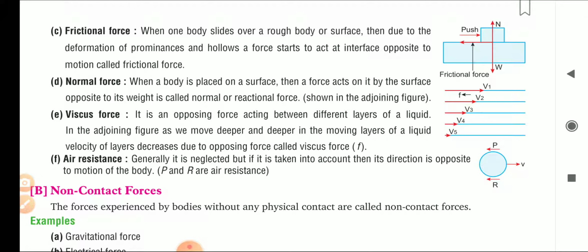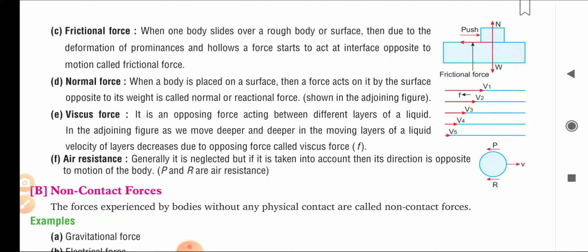If our cycle or bike is not properly greased or serviced, it will create a lot of problems because there is friction between the ball bearings and the axle. If we increase the friction a lot, it is dangerous, and if there is no friction, it is also dangerous. That's why it got its name.